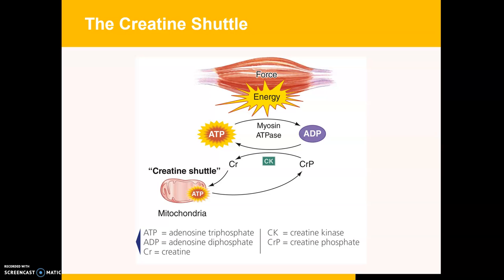Again, I will explain this phosphorylation of creatine to creatine phosphate via aerobic metabolism. The creatine that remains from chemically splitting creatine phosphate is rephosphorylated using energy from ATP that is produced aerobically in the mitochondria of the muscle.